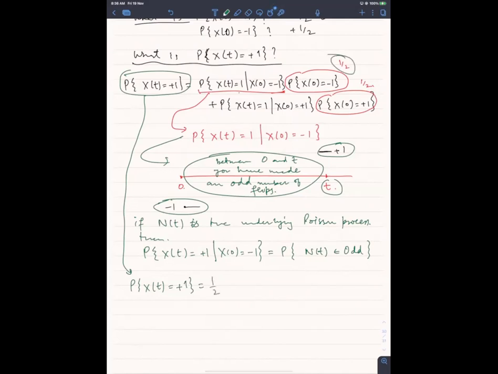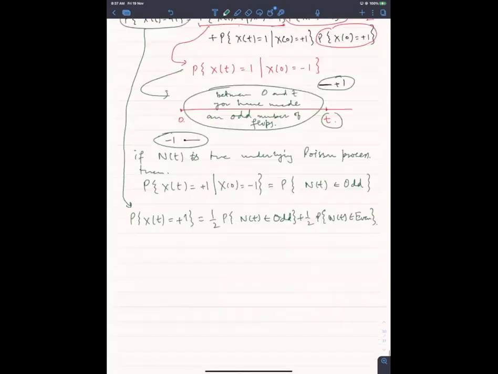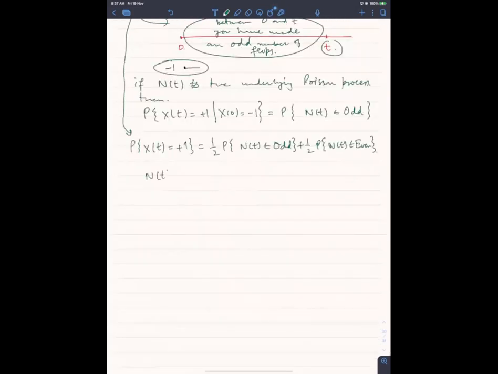So this would be 1/2 probability N of t is odd plus 1/2 probability N of t is even. But N of t is Poisson lambda t.